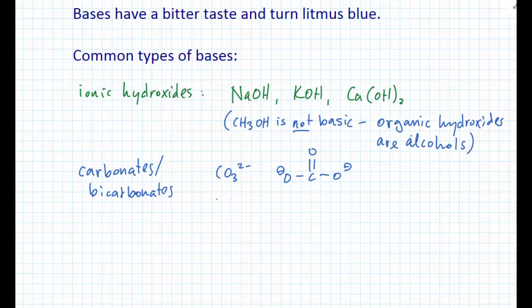It has an H, so it's HCO3, and it's actually an H plus that was added, so it's HCO3 with a single minus. Okay. And we'll talk about how that's different and so on.